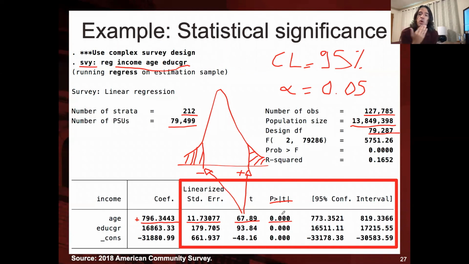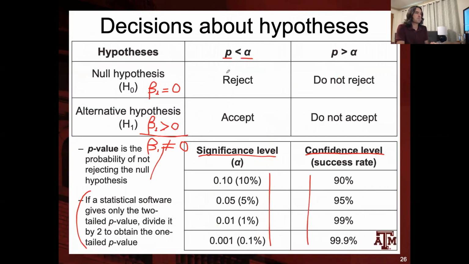But I might have a small sample where my p could be, for example, 0.07. In that case, if I did the two-tailed test, I would not reject the null hypothesis because it would be 0.07. If I divide it by 2, it would be 0.035. Then it would be smaller than my alpha, right?